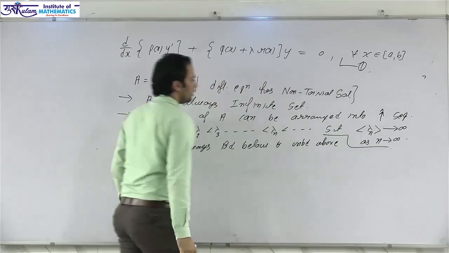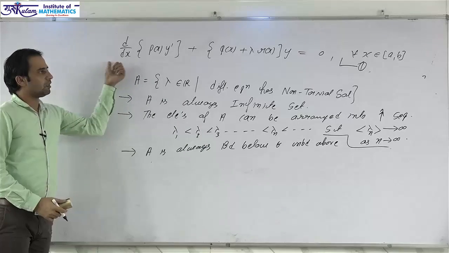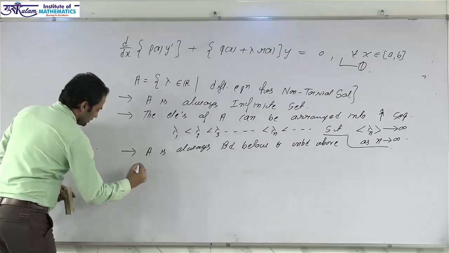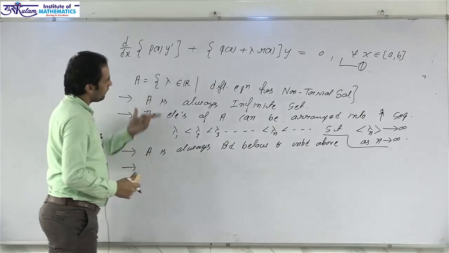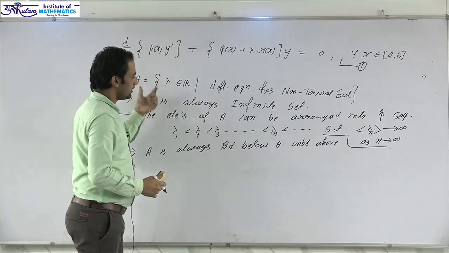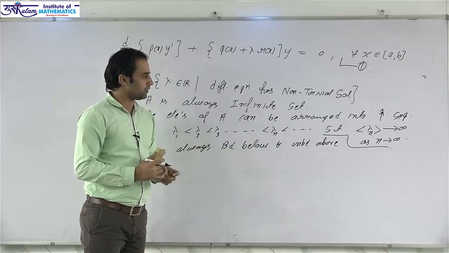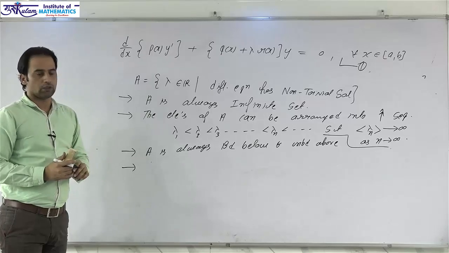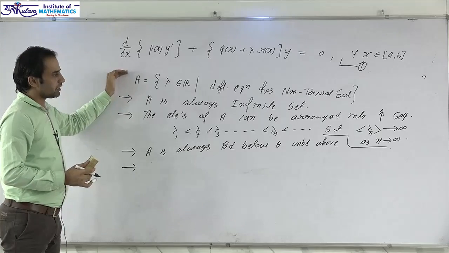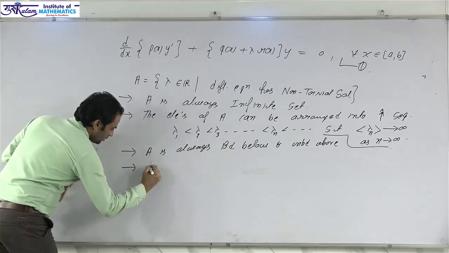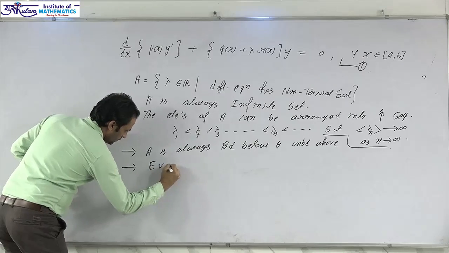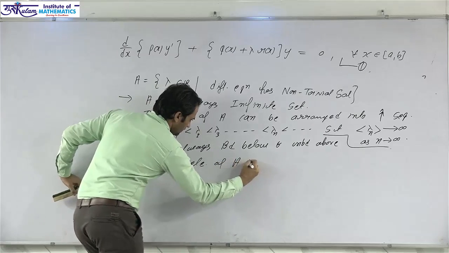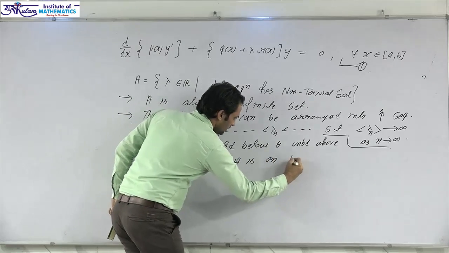So this is the next property for a regular or periodic boundary value problem. Similarly, every element of this set is in this strictly increasing sequence, which implies this set has no limit point. That is, every element of A is an isolated point.